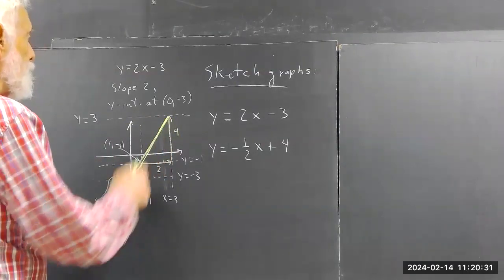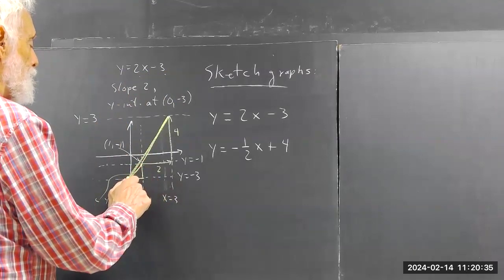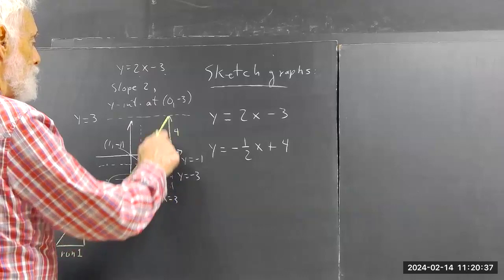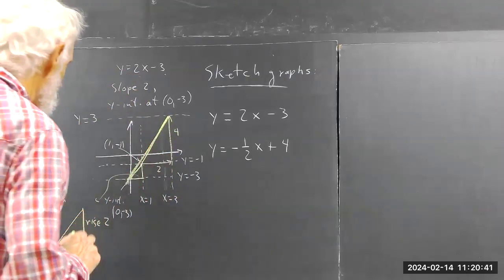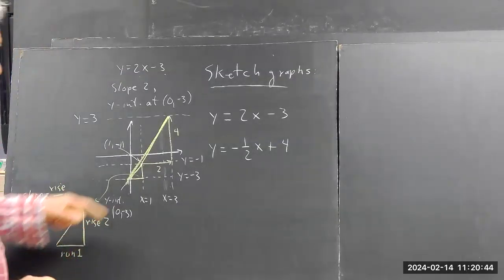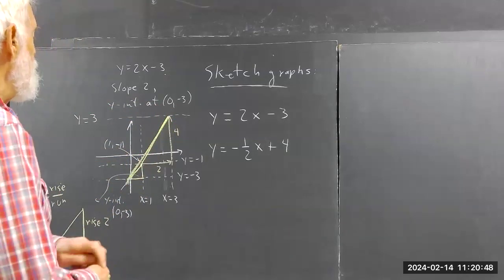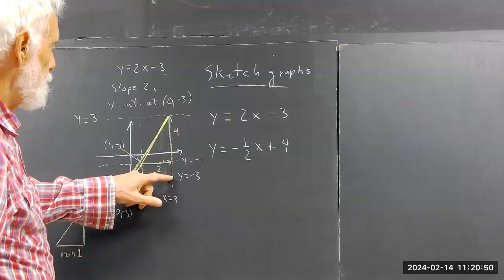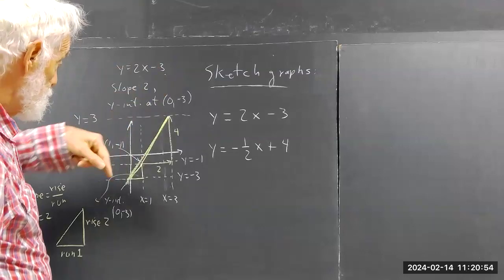You understand that if we've got this, we can always draw a triangle where the rise divided by the run is equal to this number. And that's of course true for this triangle as well. The rise is 4, the run is 2. So we go over any number of units here and then up the right number of units and we'll get a second point.